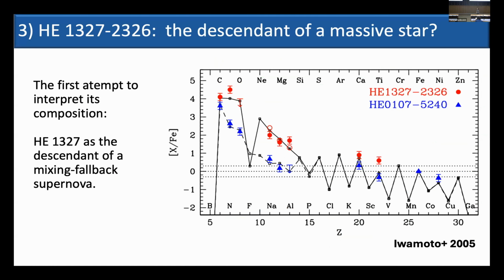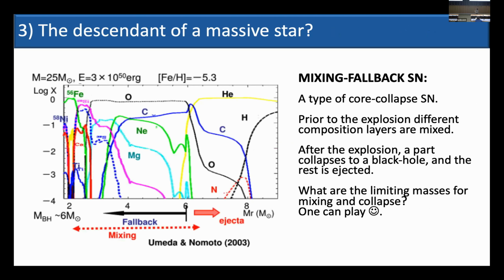So very quickly after its discovery, there was this interpretation of what the origin of travel star was. And the first attempt was by Iwamoto, 2005, and they assumed that it was probably the daughter of a mixing and fallback supernova. So again, let's think of what Julia said, and she mentioned that very metal-poor stars tend to want to collapse to form black holes.